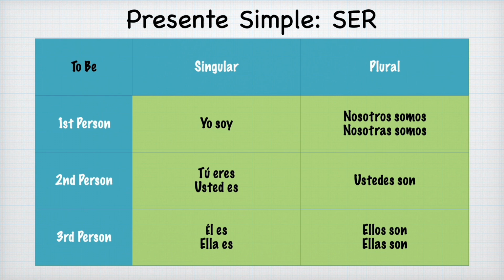And in plural, we have ellos son, or ellas son, and this means they are. For nosotros, nosotras, ellos, ellas, the usage will depend on the gender of the persons. Ser tends to denote a more permanent state, whereas estar, which we'll take a look at in a moment, is a temporary state. This is not always the case, but it's a good way to start telling them apart.